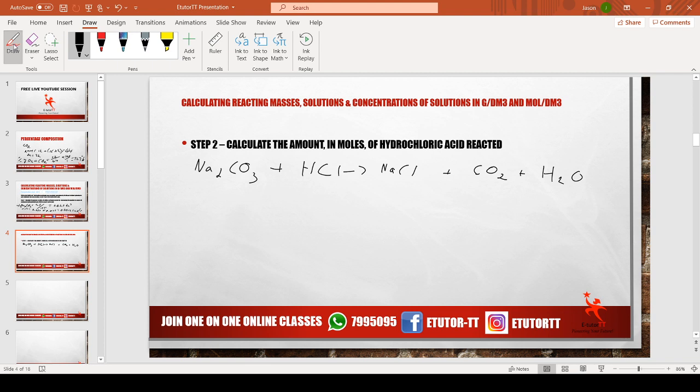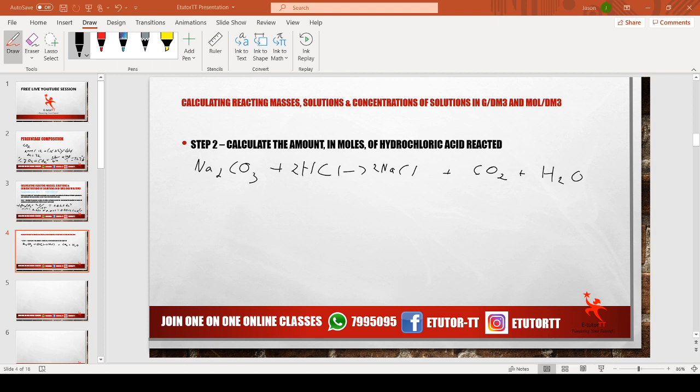Now this equation needs to balance. So you'll put a 2 here and a 2 here. So now we have a balanced equation.